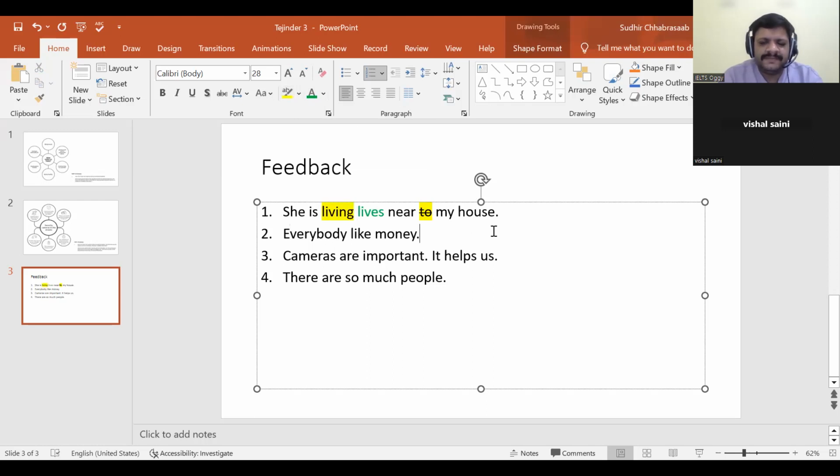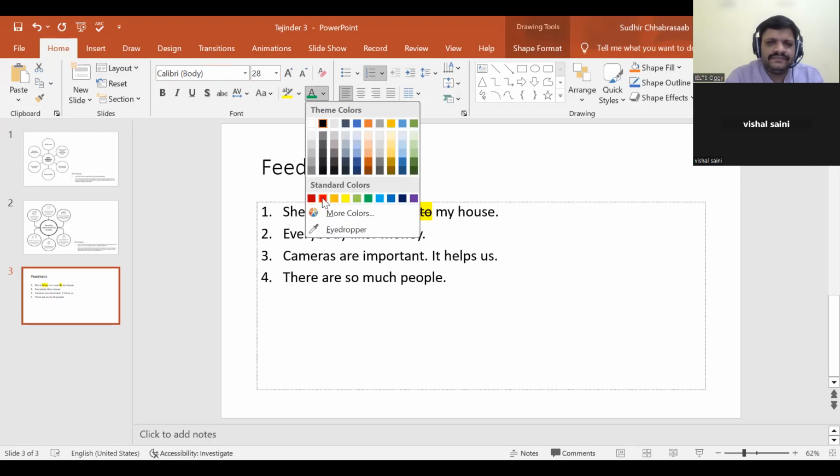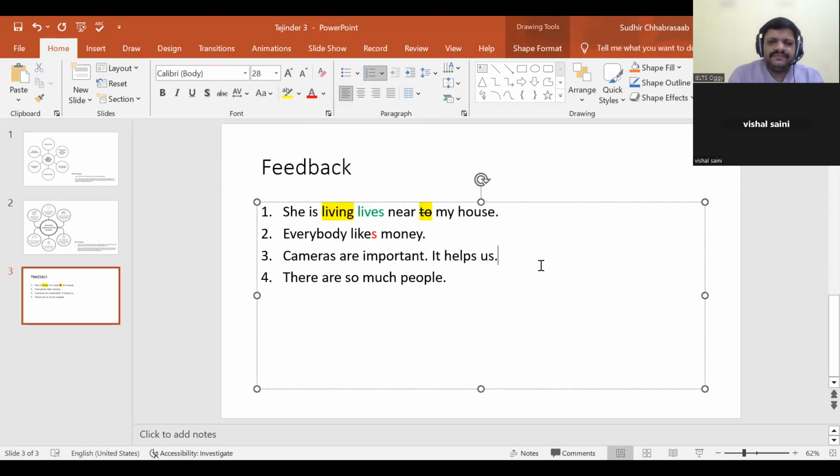The second one. Everybody likes money. Cameras are important. It helps us.